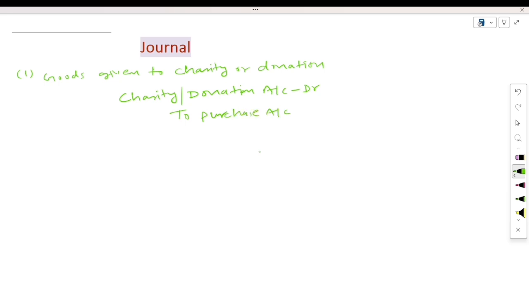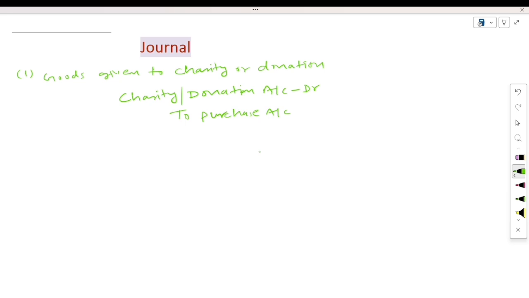The entry will be: charity or donation account debit to purchase account. You can also write the narration: being goods given to charity, or being goods given as donation.